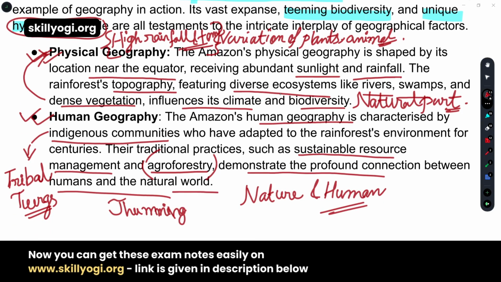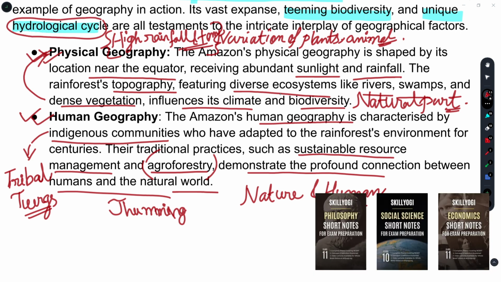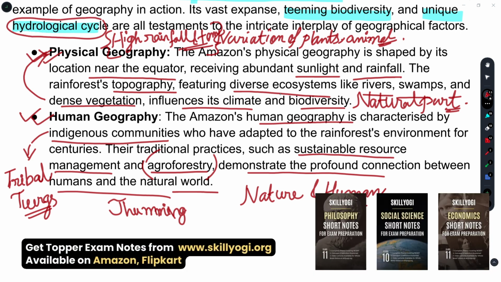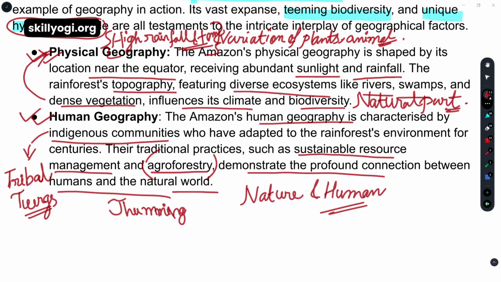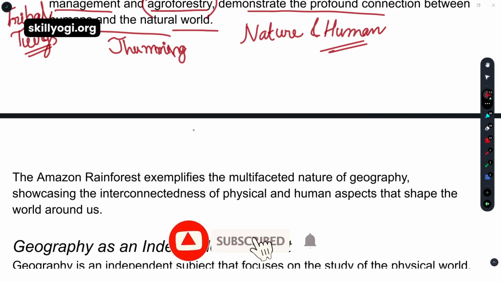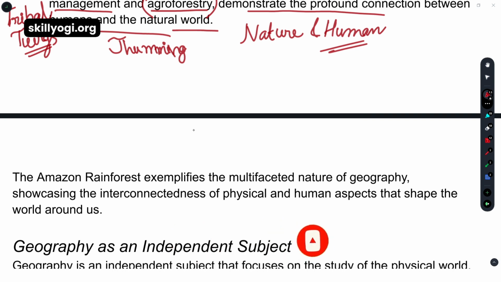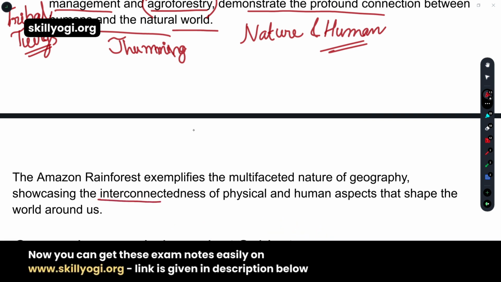That means the geography through which we understand the physical features of our world is called physical geography, and the part of geography in which we learn about human tribes, their adaptability, their lifestyles, everything about them, is called human geography. The Amazon forest exemplifies the multifaceted nature of geography, showcasing the interconnections, the intricate relationship of physical and human aspects that shape the world around us.